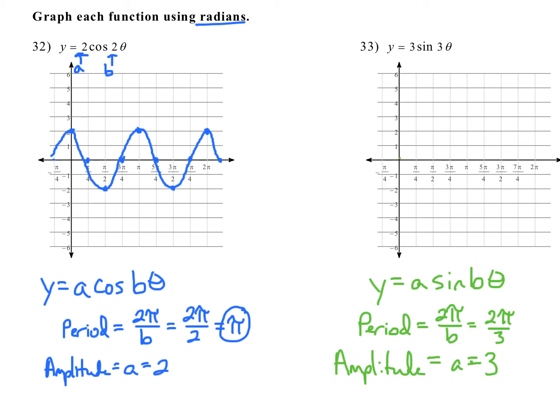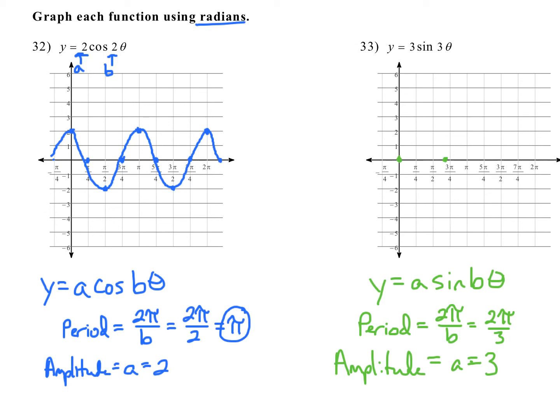And there's going to be a 0 in the middle. So we have 0 comma 0 is where we start. 2/3 pi is where we are going to end. So 2/3 pi is going to be somewhere right in here, in between 1/2 pi and 3/4 pi, probably a little bit closer to 3/4 pi.